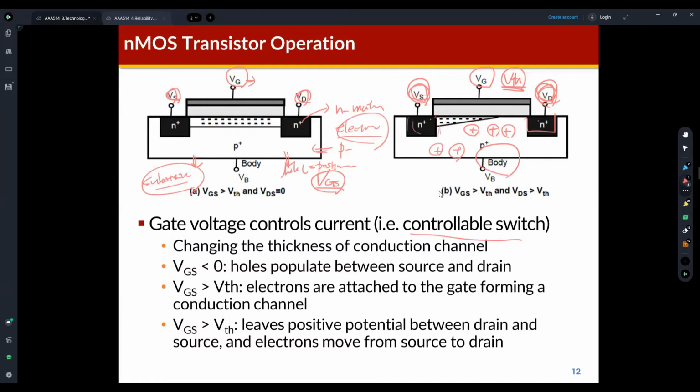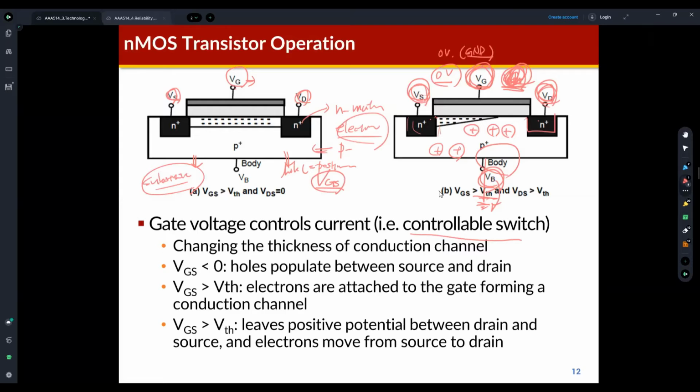This is the base voltage, like ground, and let us assume that the gate voltage is also 0 volt, which means ground. So there is no difference in voltage level between the gate voltage and the body voltage, which means 0 volt.